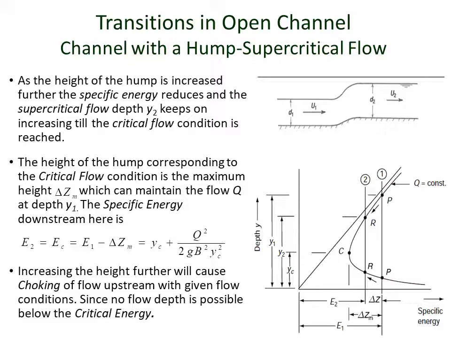So you can see here that as we keep on increasing the height of the hump, the specific energy reduces further, and the supercritical flow depth Y2 keeps on increasing, till the critical flow condition is reached.